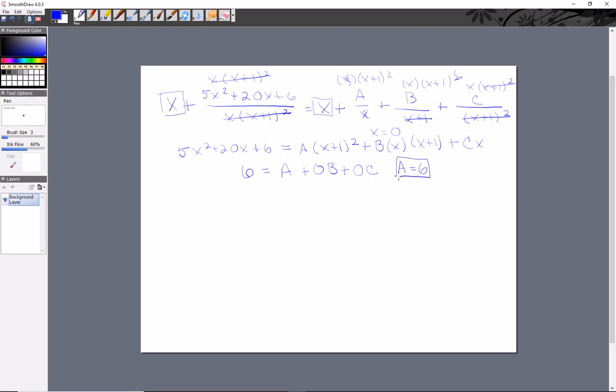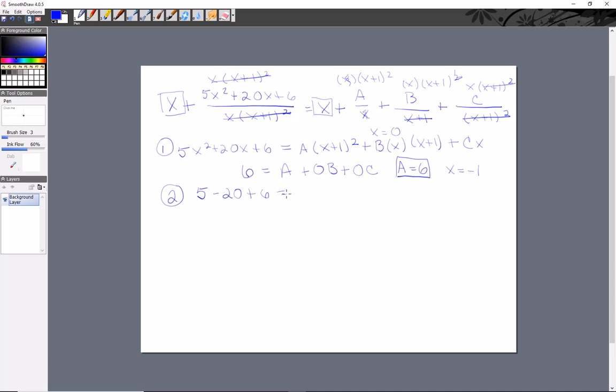That's a great start, and we'll call this step 1. Now step 2 will be to see if we can make another pair of them go away. What if we let x equal -1? Then this will take out the B term and the A term. So -1 squared is 1 times 5 is 5, and 20 times -1 is minus 20, plus 6.